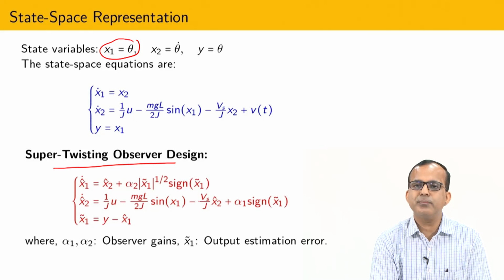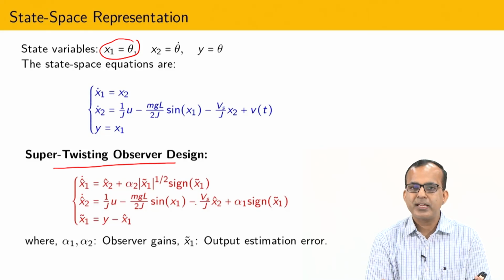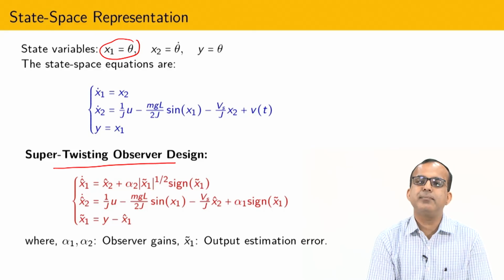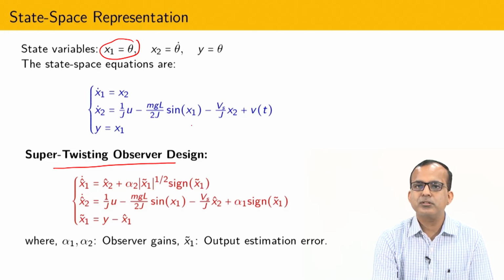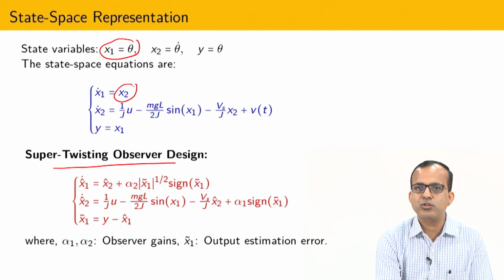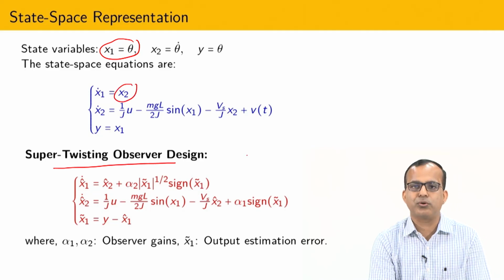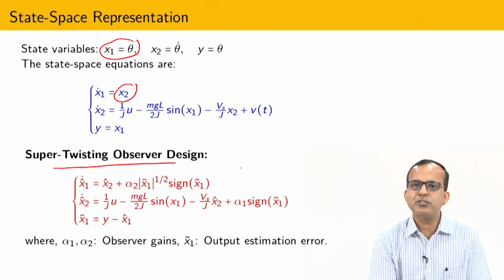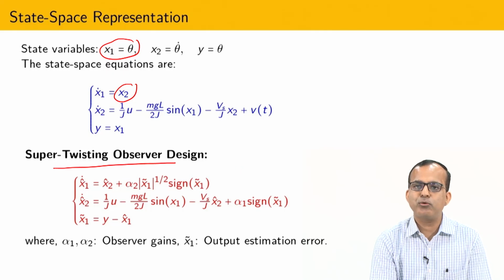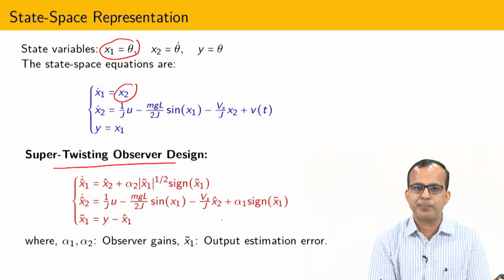So this is nothing but some kind of higher order observer, and its work is exactly the same as the differentiator, because if you measure x1, somehow you are going to get x1 dot. Okay, so the purpose of the observer and the differentiator for this particular class of problem is exactly the same.